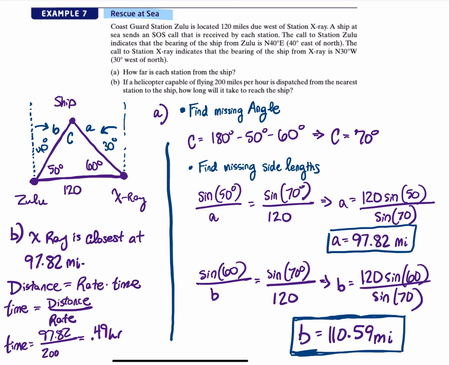And so if we want to express this in terms of minutes, we would multiply by 60. So there's 60 minutes per hour. So 0.49 times 60 gives us 29.4 minutes.